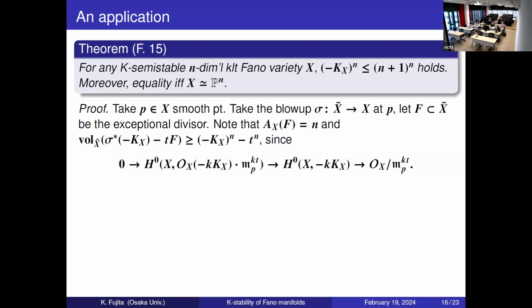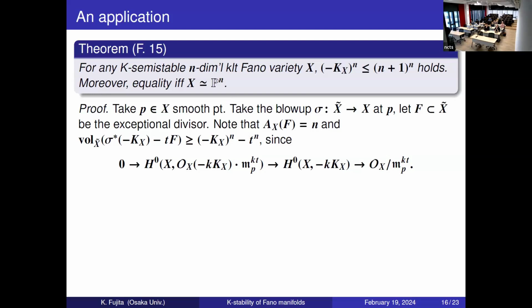And in order to estimate the S invariant of F, the S invariant is the integration of this value. And this value is bigger than or equal to anti-canonical volume minus the n-th power of t, because recall that volume is the growth of the dimension of global sections.